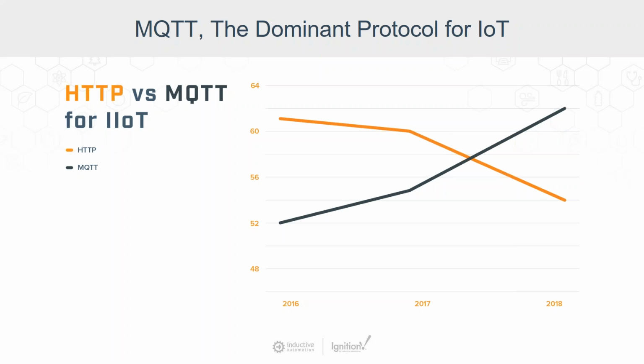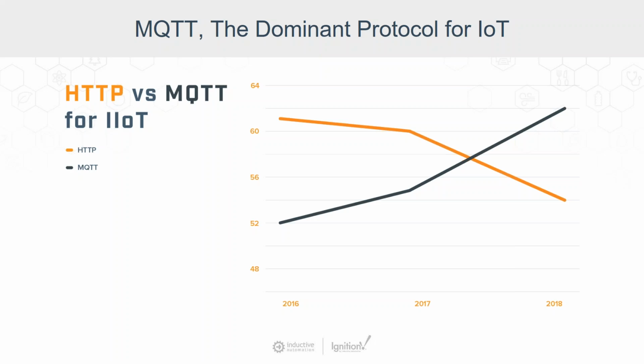And we're talking about IoT here. That's not just industrial Internet of Things. This is the Internet of Things, and MQTT is that dominant protocol. So it's becoming the most widely used protocol out there. And the more applications and devices that support it, the more interoperability we have across the board. And that is so key to these kinds of architectures, to the kinds of things that we can do with the system.